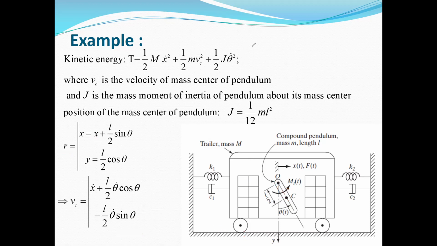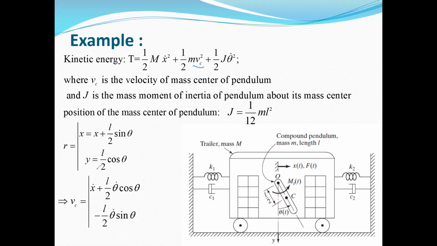So the next step, we need to calculate the VC, as I told you, and this VC is the derivative of the position, or the velocity of the position C is equal to the derivative of the displacement of this point.